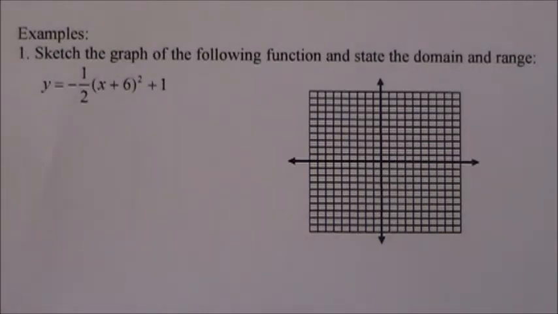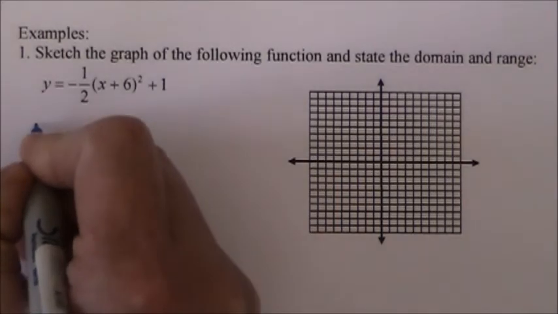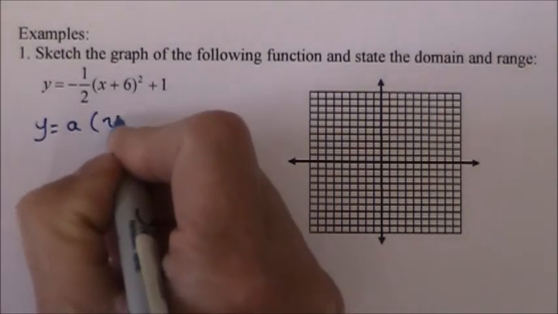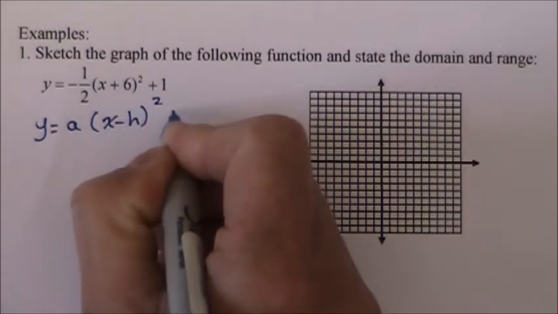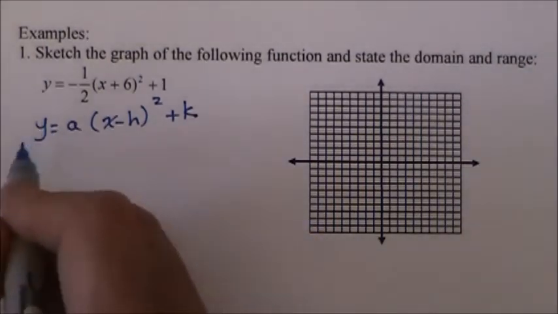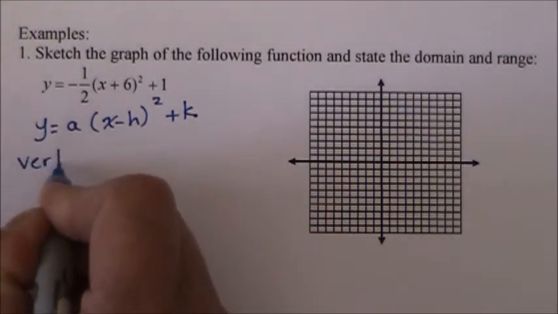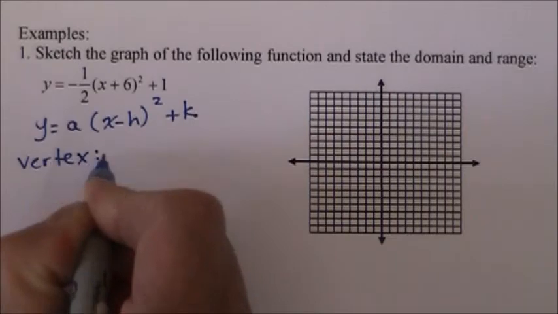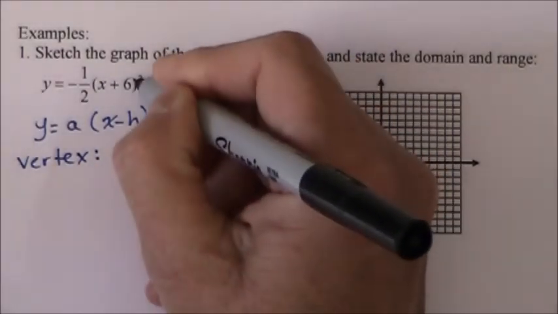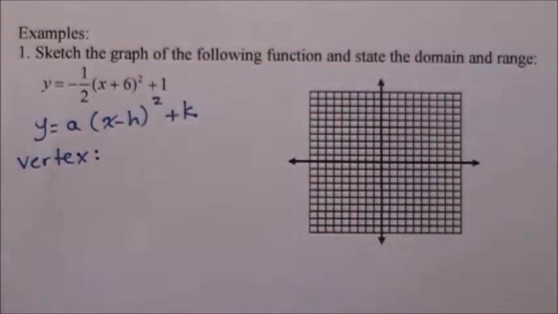Example 1. Sketch the graph of the following function and state the domain and range. As we go to look at it, we have our equation. If we write our vertex form underneath, we have y equals a(x minus h) squared plus k. So this is telling us that we have a vertex of. Now, here's our h, there's our plus 6.